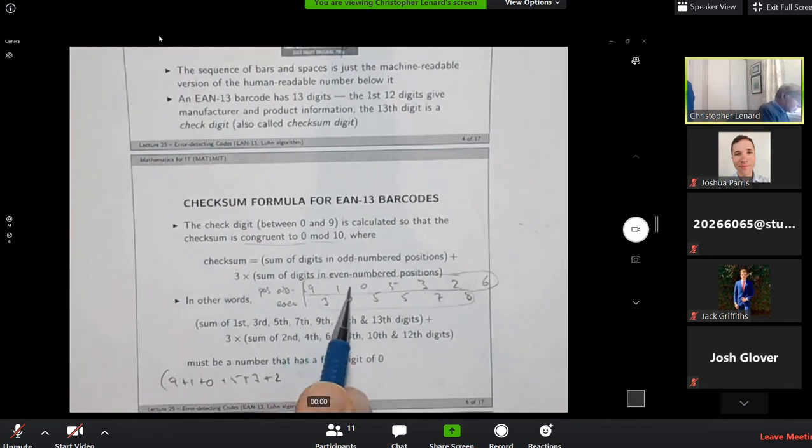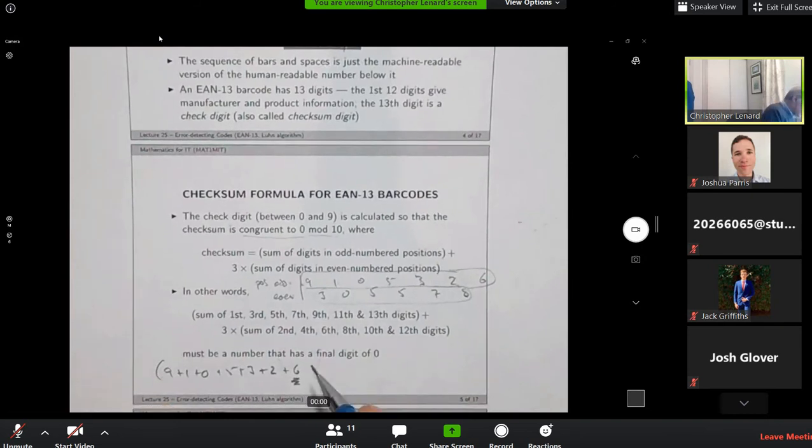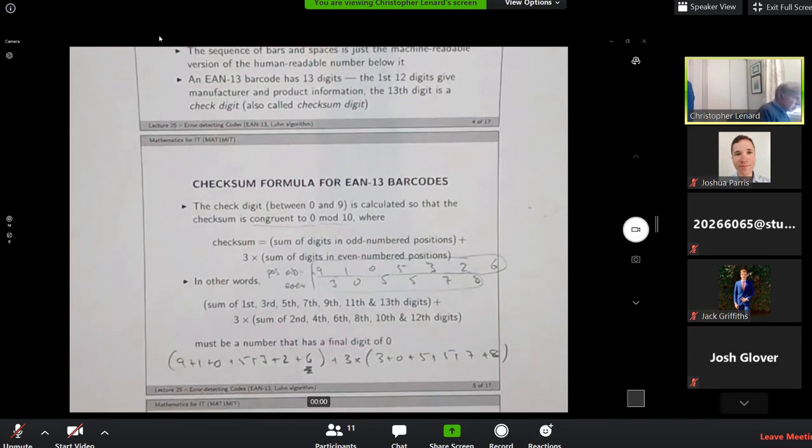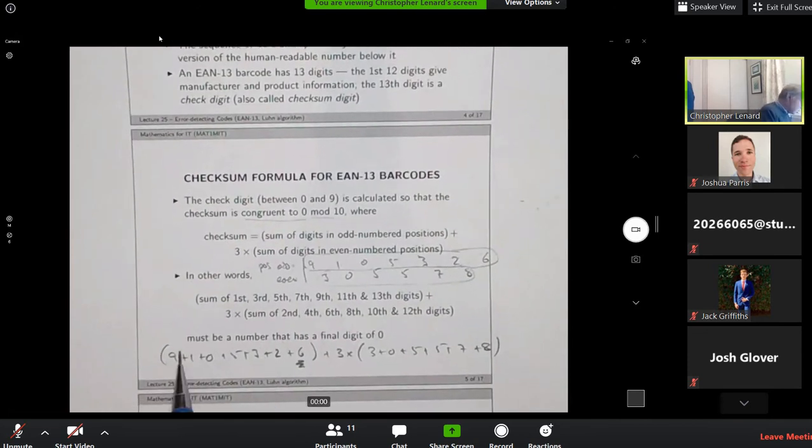So 9 plus 1 plus 0 plus 5 plus 3 plus 2 plus, I'll put a little line under there, that's our check digit, plus 3 times the sum of the even positions, 3 plus 0 plus 5 plus 5 plus 7 plus 8.